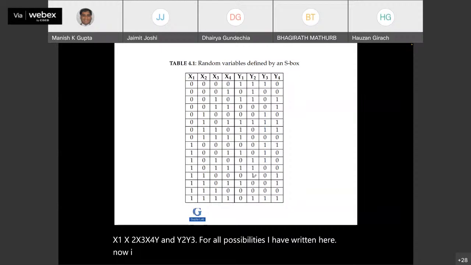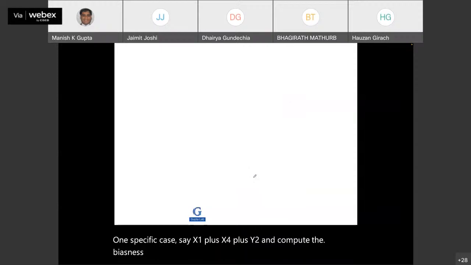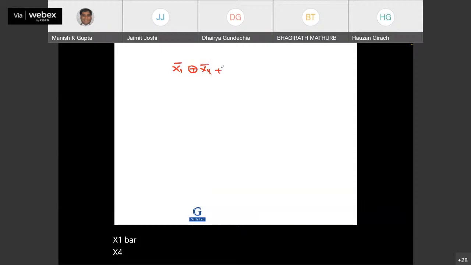Now I can show you as an example one specific case, say x1 plus x4 plus y2, and compute the bias. I'm looking at x1 bar plus x4 bar plus y2 bar.